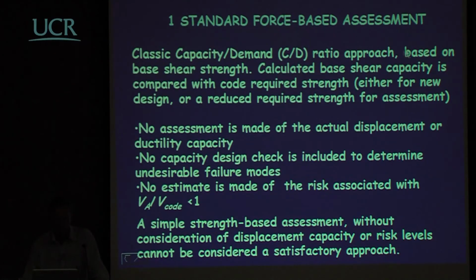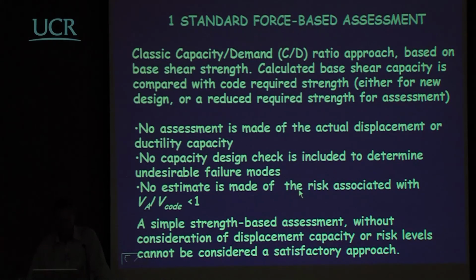Let's look at some of the standard force-based assessment procedures. The classic capacity demand approach is based on the base shear strength. We calculate the base shear capacity and compare it with code required strength, either for a new design or a reduced value which is set as being appropriate for assessment. No assessment is typically made of the actual displacement or ductility capacity, and no capacity design check is included to determine undesirable failure modes very often.